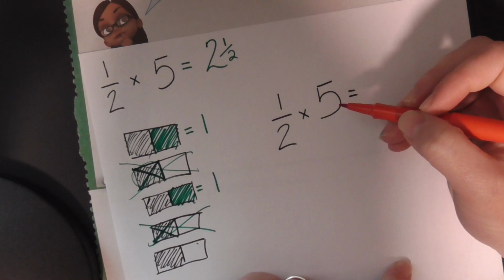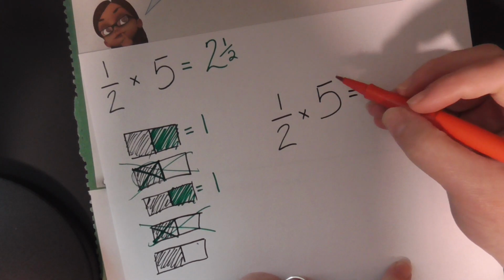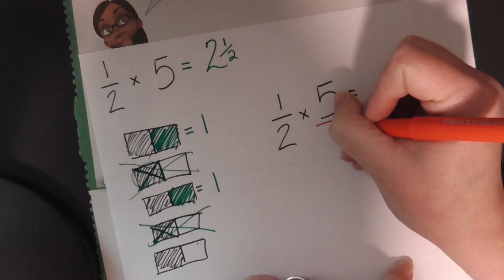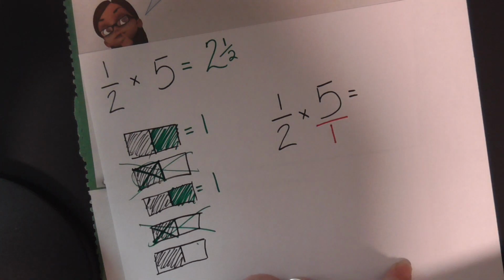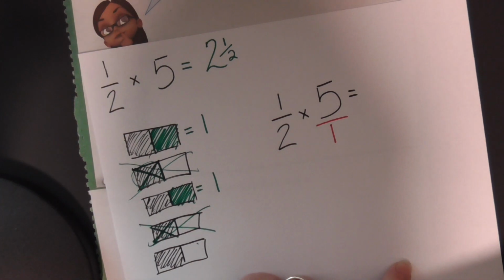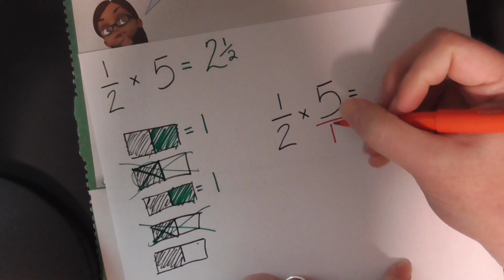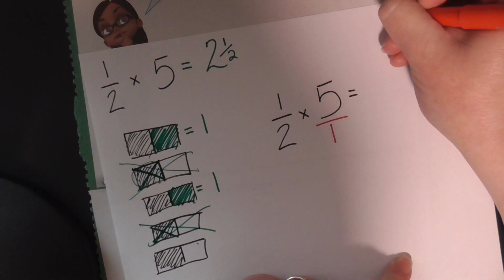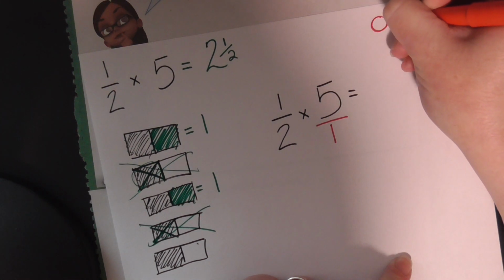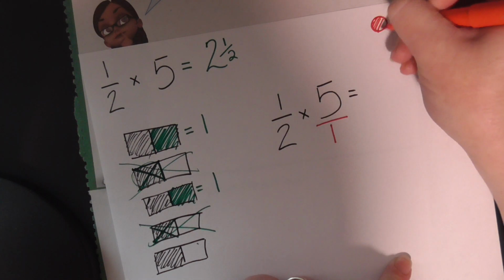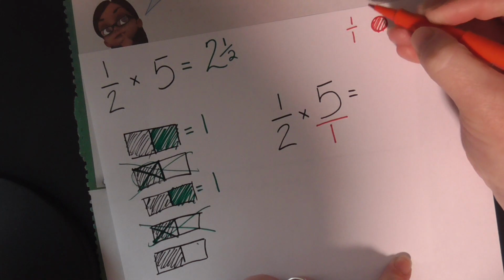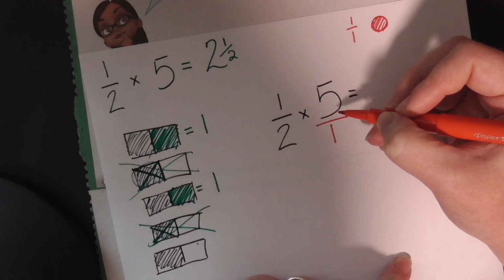If I have 5 wholes, all I have to do to make it into a fraction is to put it over a 1. And the reason this works is if I have 1, this tells me how many pieces I have. So if I have 1 piece and filling in 1 piece makes a whole, 1 equals a whole. And I have 5 of them.